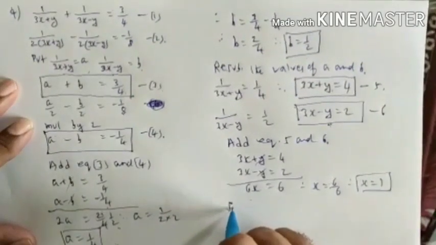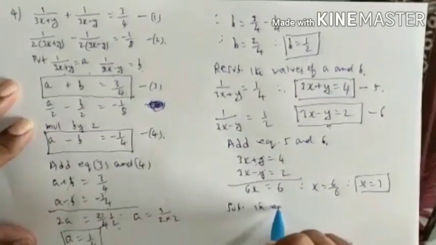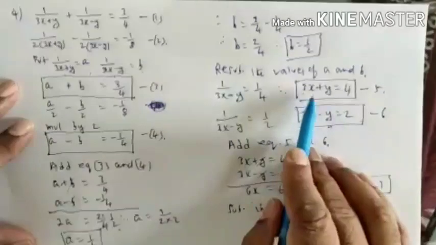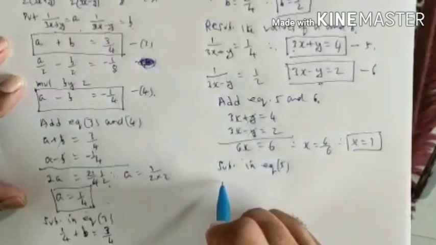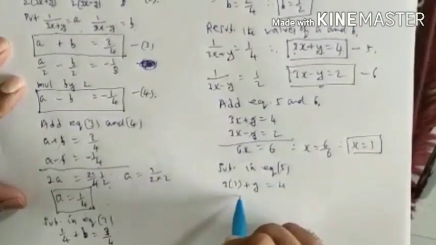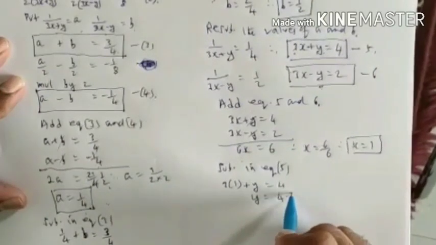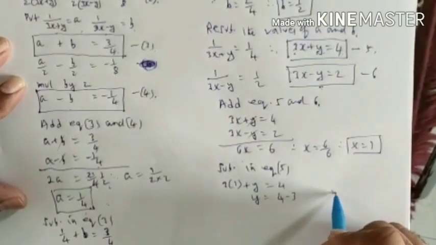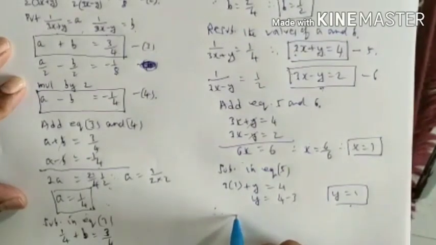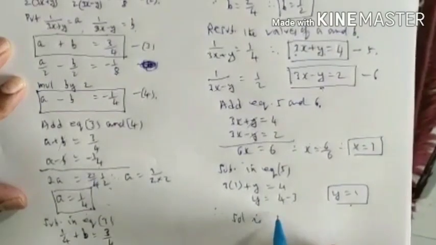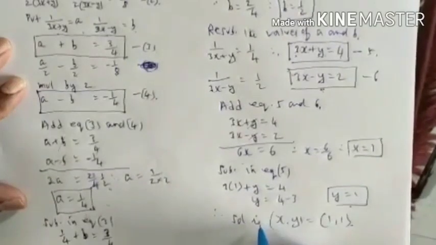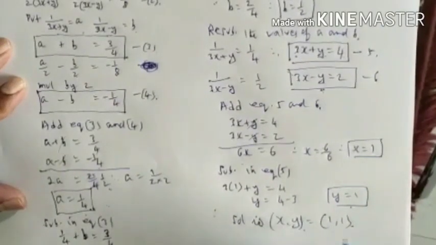Now substitute in equation 5. 3x plus y is equal to 4. So we get y equal to 4 minus 3, or we get y equal to 1. Therefore, solution is x comma y is equal to 1 comma 1. Simple sum.